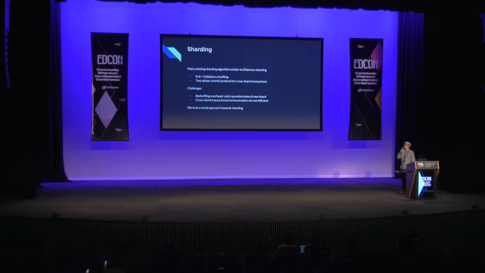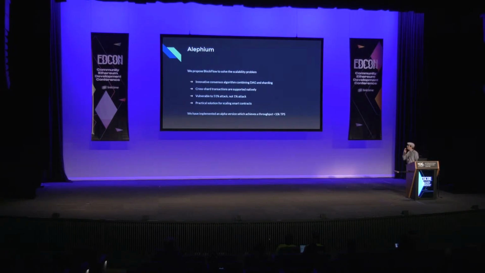This is quite challenging in different ways. First, reshuffling introduces quite an overhead. Basically, catching up the entire state of a new shard is expensive. Also, cross-shard transactions are not so efficient because they have to be done in multiple steps. So it's not ideal. At Alephium, we decided to take another approach, and that's what I will present to you now.